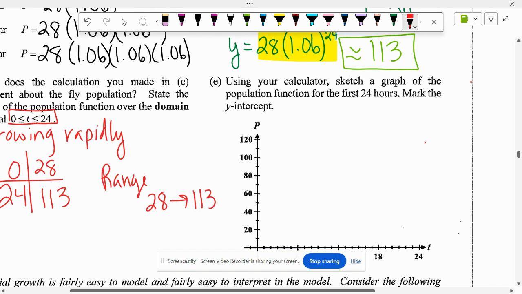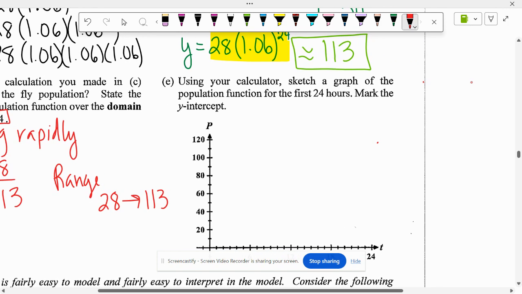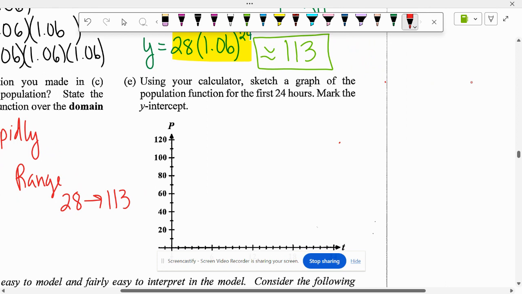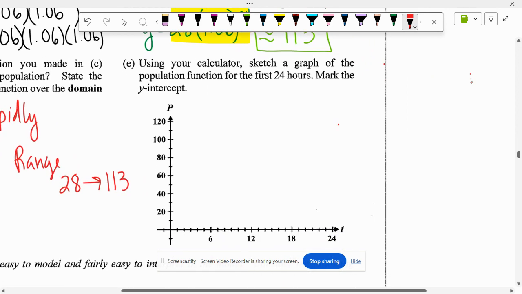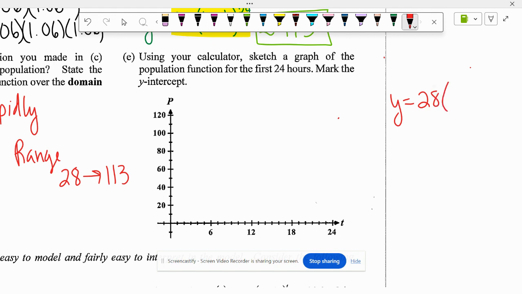So often we get to graphs, like when I check your homework, you guys always leave the graphs blank. And I'm not sure why. I feel like you think that you can't graph something. So I need you to just be real comfortable with your calculator and with Desmos, because you have Desmos at home, right? You can access Desmos at home. If you go to the y equals and you take 28 times 1.06 to the power of x and go to the table, we only need to find out what happens when x is 0, when x is 6, when x is 12, when x is 18, and when x is 24.